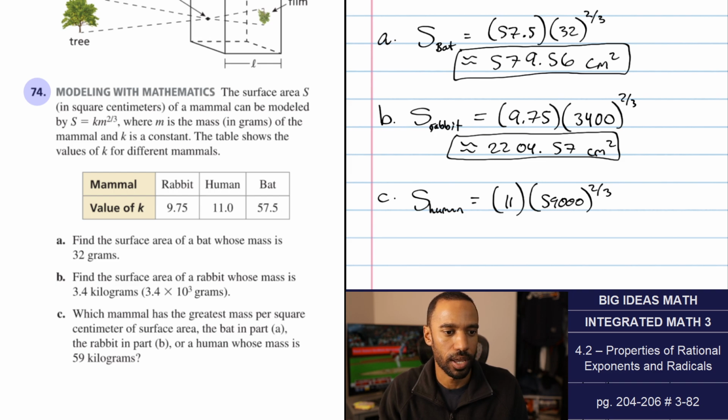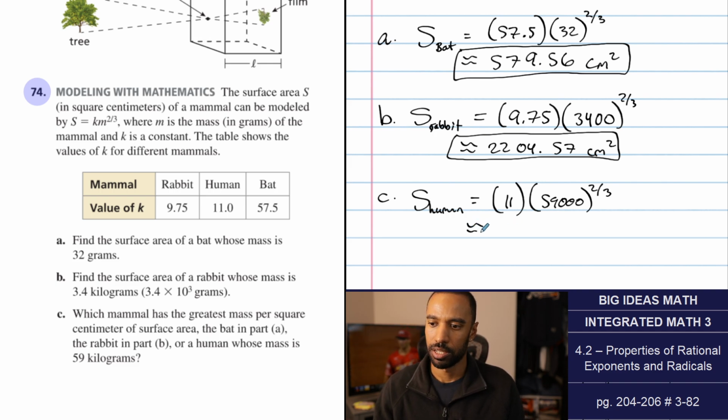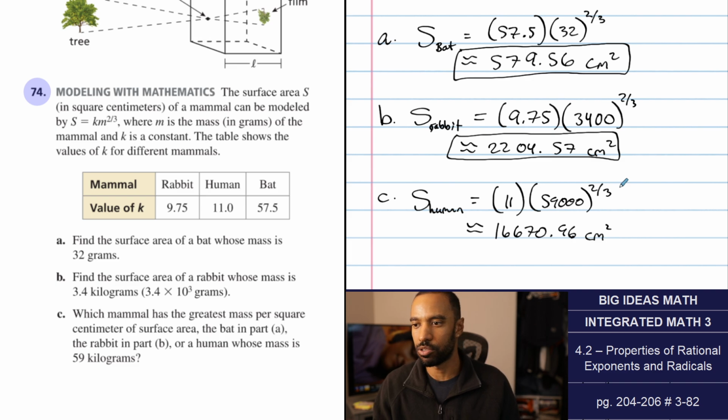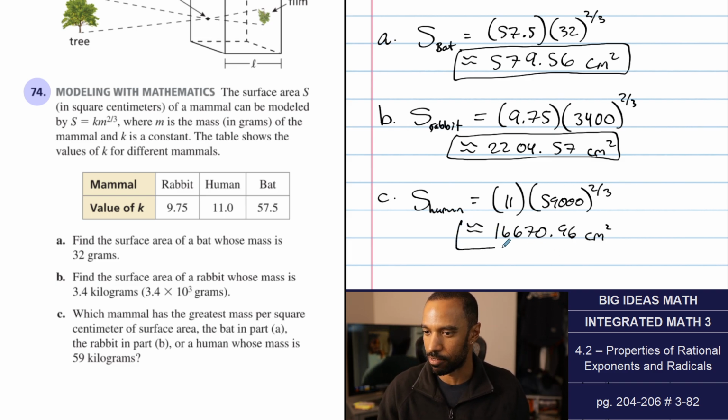Why didn't they just ask it straight up? Anyway, 11 times 59,000 raised to the 2/3 power gives us 16,670.96 square centimeters. Now, I'll use the rounded values. It should be enough for comparison's sake, even if it's not exact.